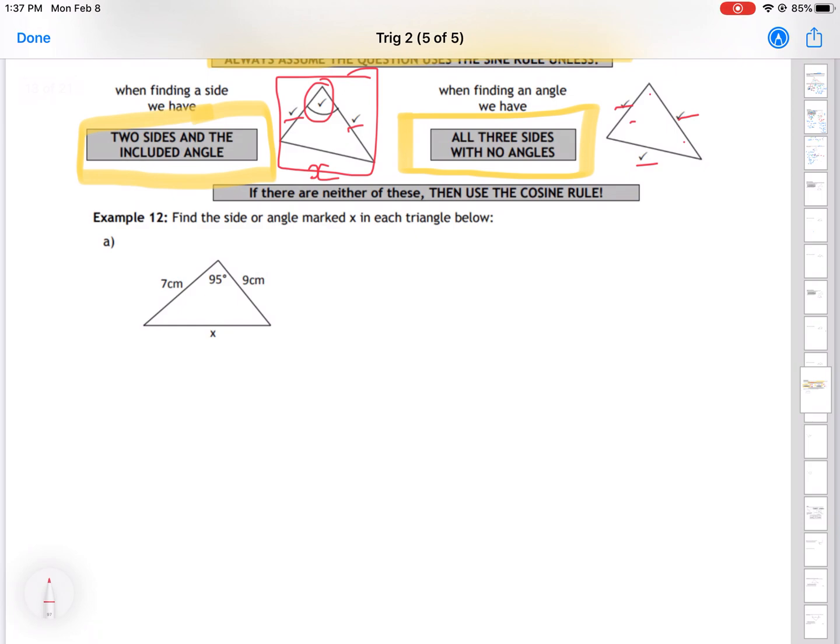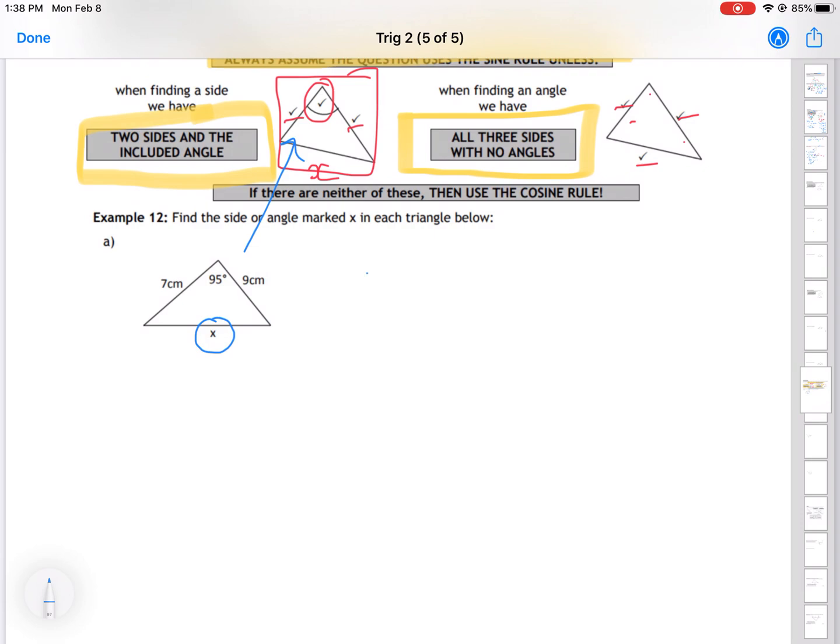Okay, so let's have a look at this first example. Now in this case we have got to find a side, and this diagram looks very similar to the first diagram up in the little explanation section. So for this particular question we are going to be able to use the cosine rule.